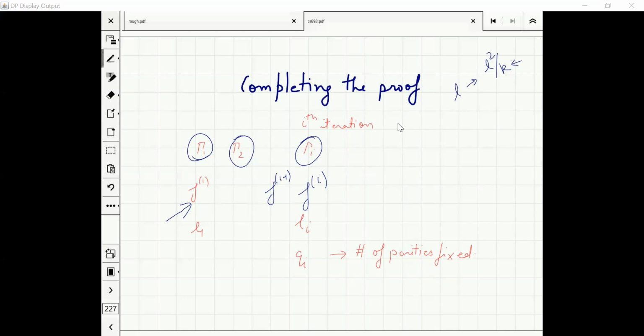And in the ith iteration, I am fixing Qi parities. So what I'm interested in is the summation of Qi. This is what I want to bound. I want to say that this is square root K log K. The number of parities fixed are small. And in every iteration, I have an idea of how many parities I have fixed.